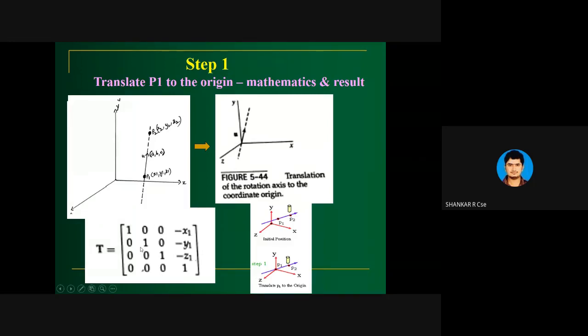This is the mathematics. So we know the translation matrix is 4 cross 4 with the help of homogeneous coordinates. It is actually x1, y1, z1, but since we are pulling x1, y1, z1 to origin, we should be doing it as minus x1, minus y1, minus z1.